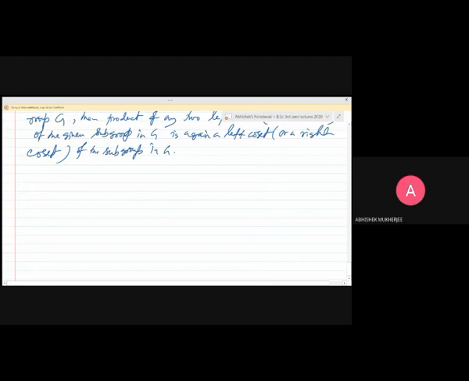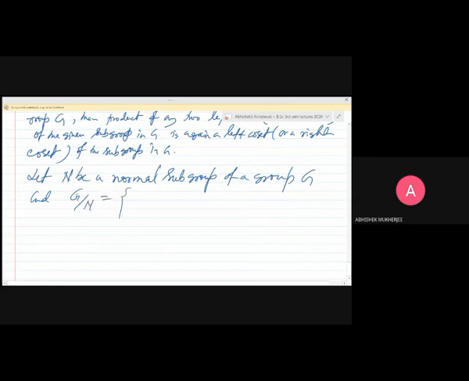So let N be a normal subgroup of a group G, and let us denote by G/N the set which consists of all distinct left cosets, or you can consider also right cosets, gN where g belongs to G. So G/N consists of all those distinct left cosets of N in G.